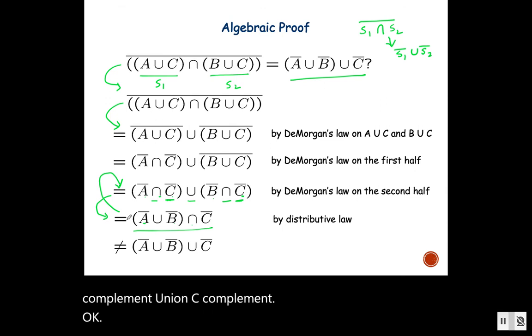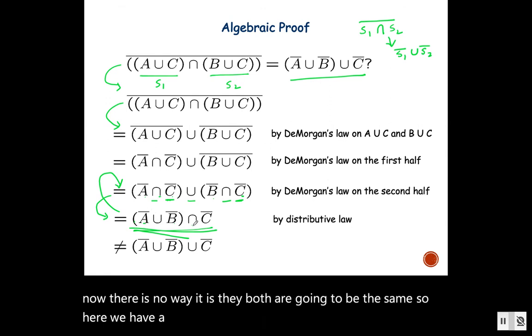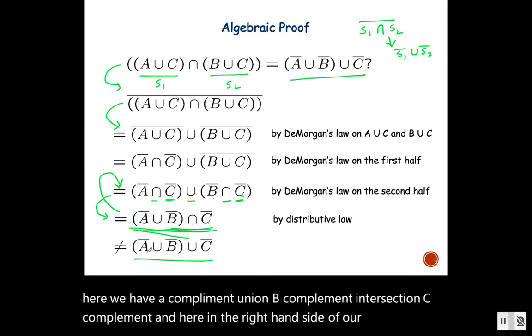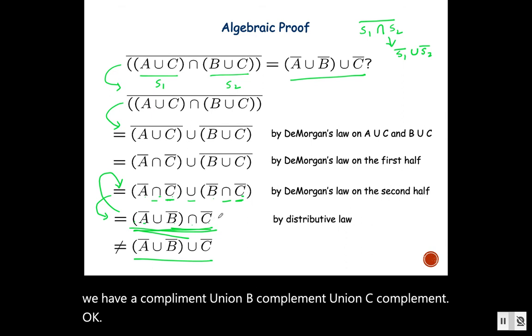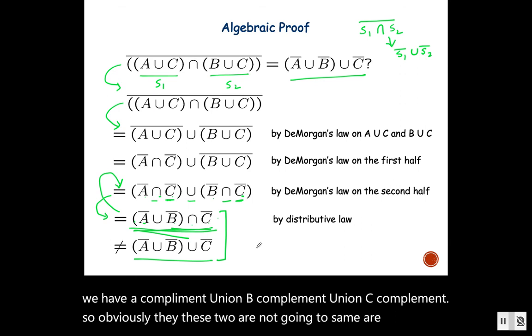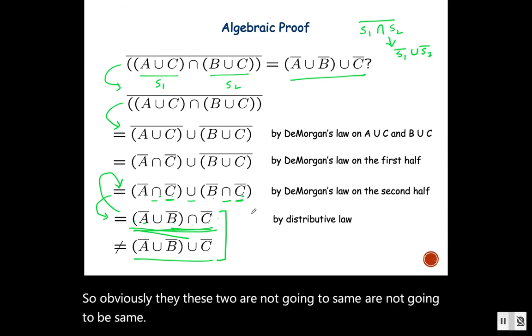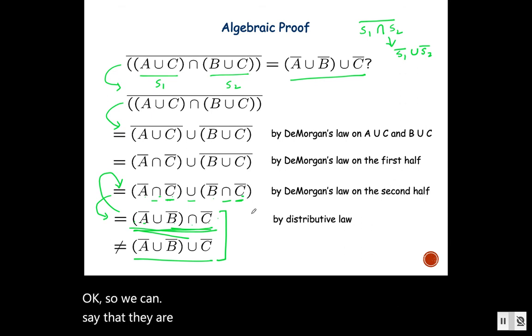In the right hand side of our first equation, we have a complement union b complement union c complement. And here we have a complement union b complement intersection c complement. Obviously these two are not going to be the same, so we can say that they are not the same, which means we can disprove it.